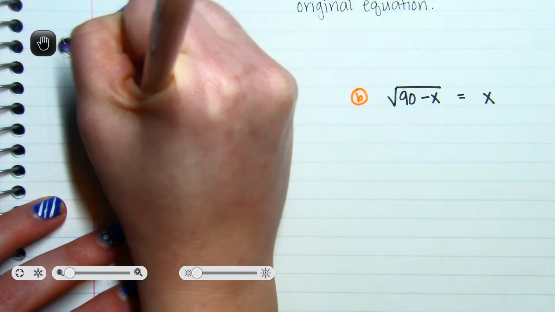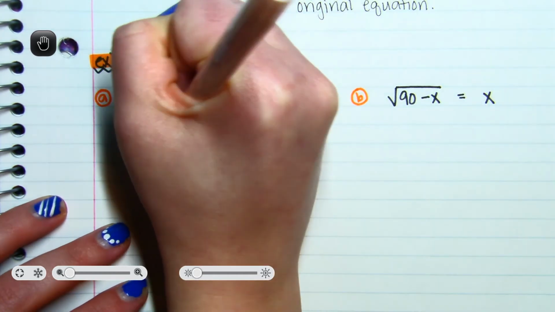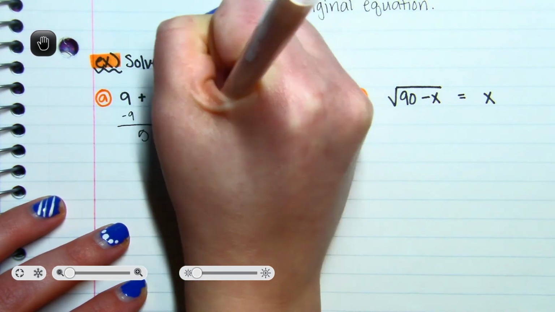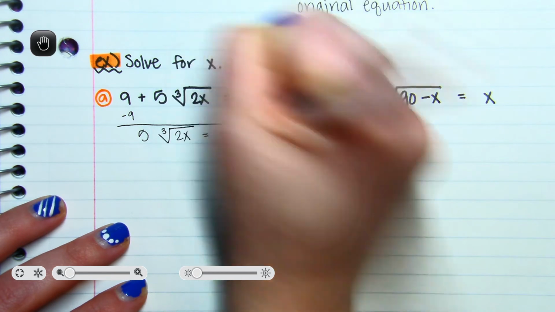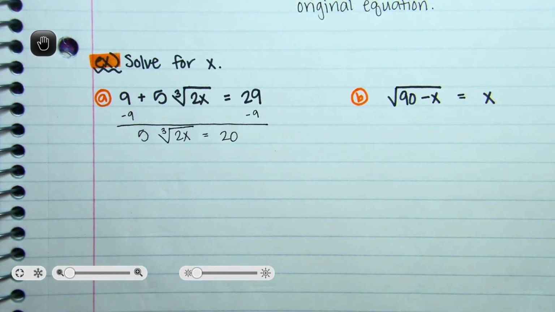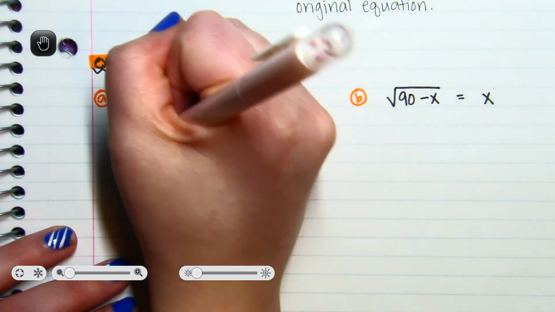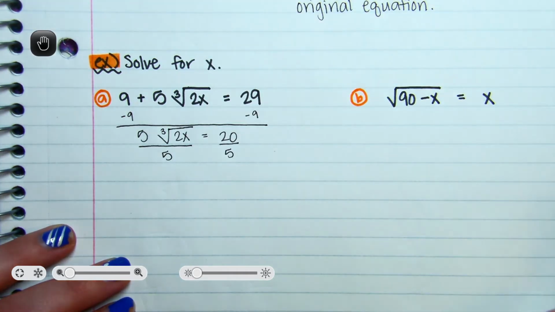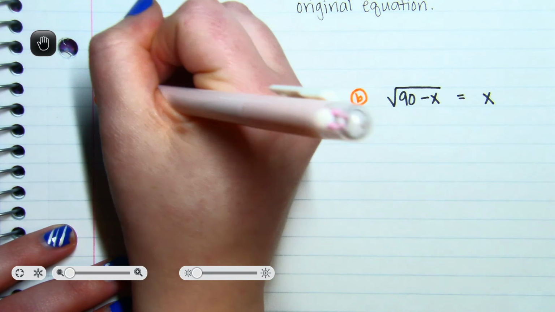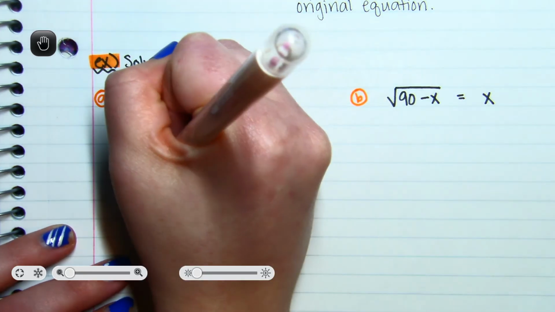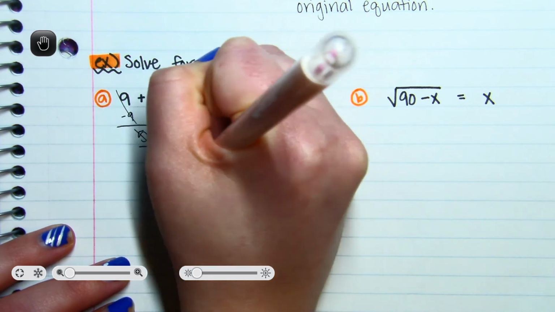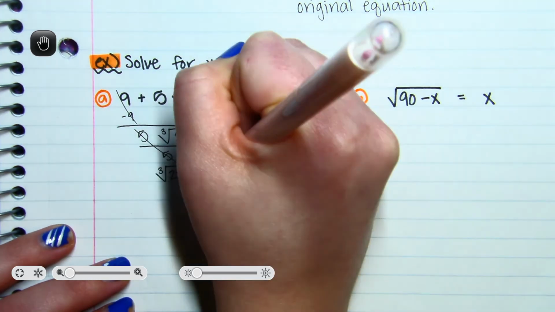And then we get 5 times the cube root of 2x equals 20. What do you think we do next? If you said divide by 5, you are correct. So my radical is almost isolated. So then I'm going to have the cube root of 2x equals 4.